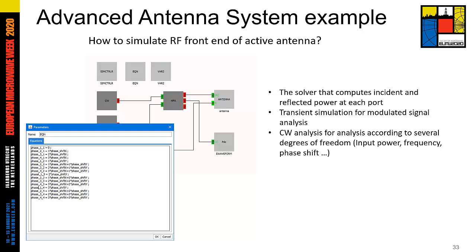About the simulation, Vision System Modeler includes a unique and robust solver that computes incident and reflected powers at each node of your design. So this simulation can predict the magnitude and phase of the incident power at each port of the antenna.